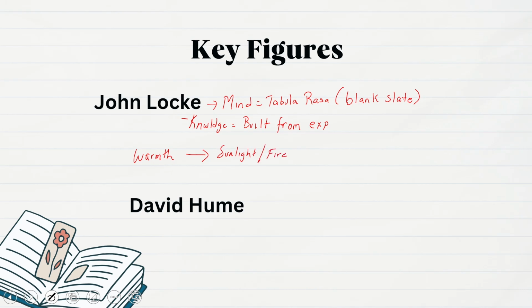or fire. Now, David Hume, in A Treatise of Human Nature, built upon Locke's ideas, proposing that the mind forms associations between ideas through three primary principles, that is resemblance, contiguity, as well as cause and effect.